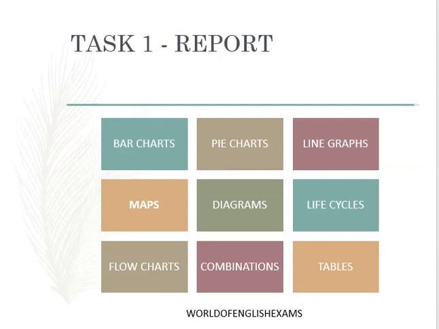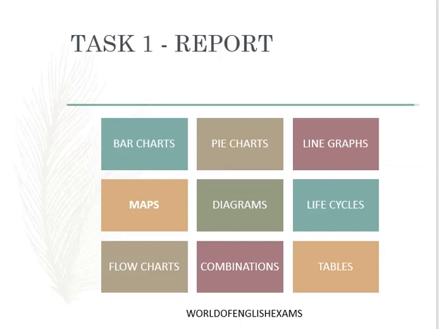So these are the 9 different types of reports that you have to prepare, and the detailed structure along with an example question and a lot more tips for writing the academic exam are uploaded on our YouTube channel World of English Exams. If you want to see the link for the overview, you can check the description box.